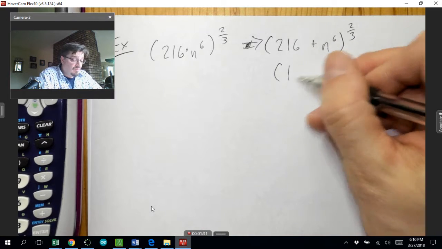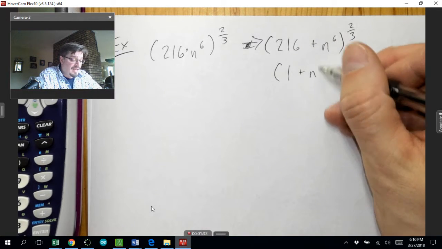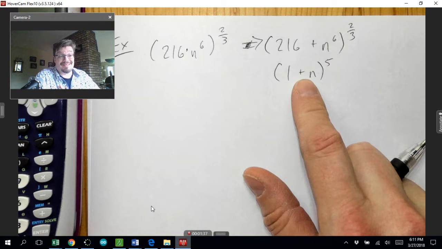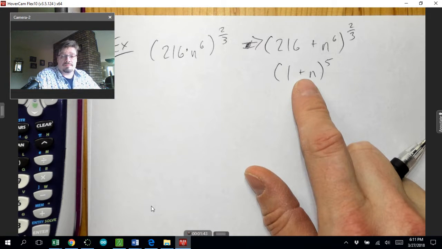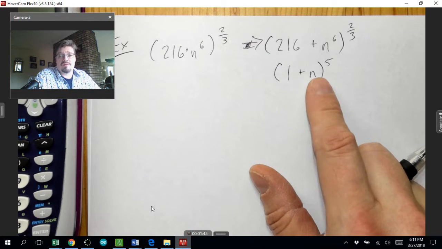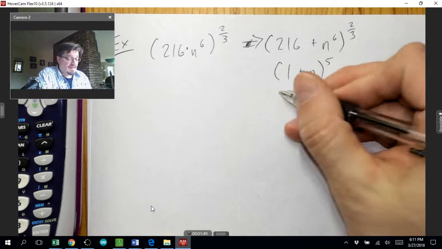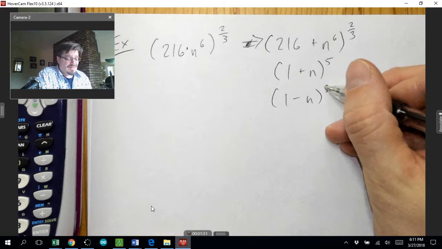Just like when we did, say, 1 plus n to the 5th power, this is a problem. This is like a really elaborate problem. This you have to use the binomial theorem. So you can't distribute an exponent over addition, or if I even put this as subtraction, you can't do it.